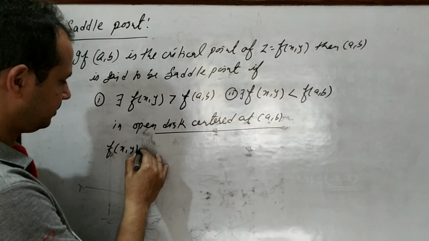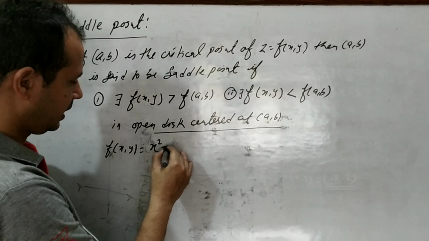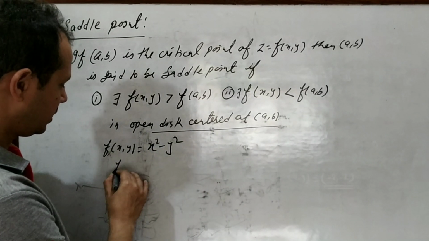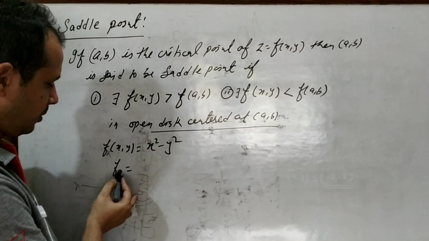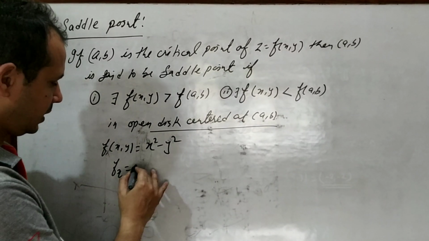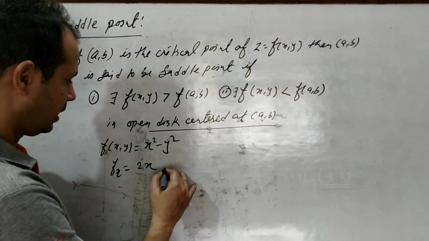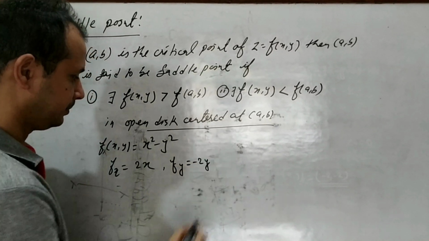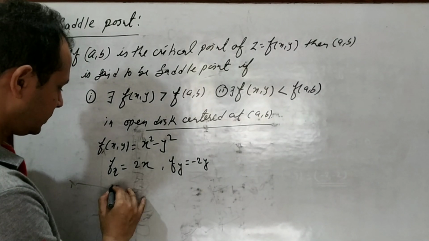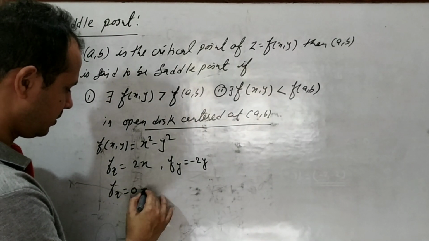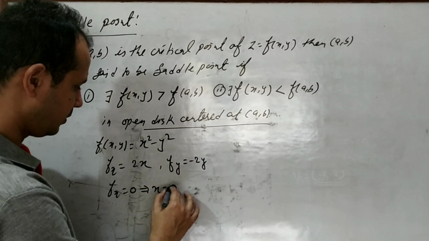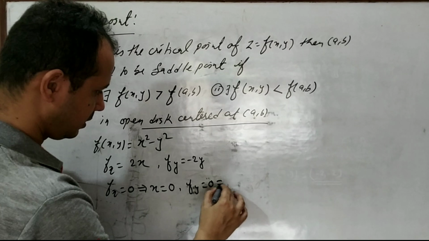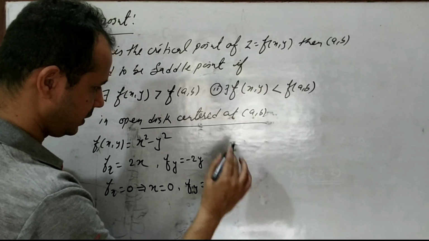See an example. We have x square minus y square. Now here, for the critical point, we find the partial derivative with respect to x, which gives us 2x, and the partial derivative with respect to y, which gives us minus 2y. Now here f sub x equal to 0 gives us x equal to 0, and f sub y equal to 0 also gives us y equal to 0.